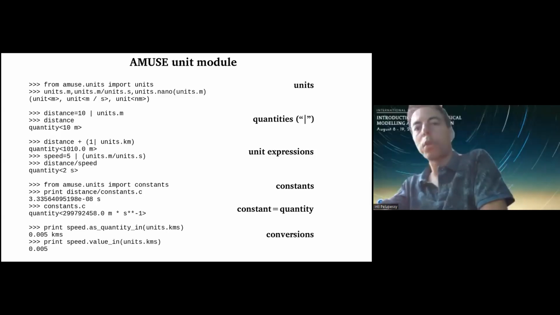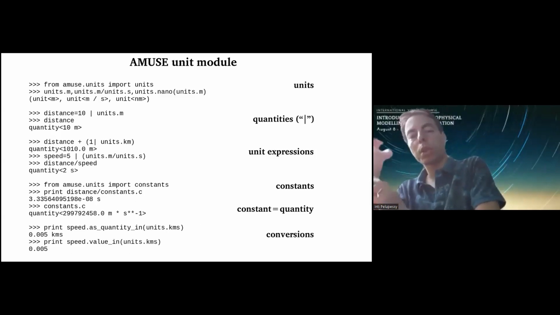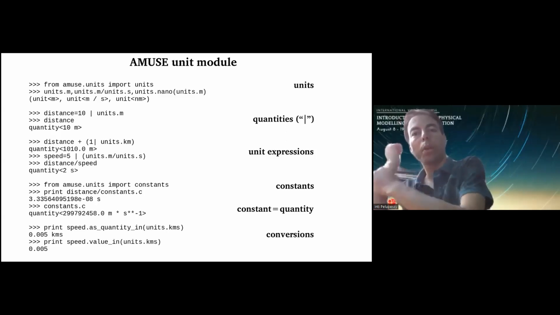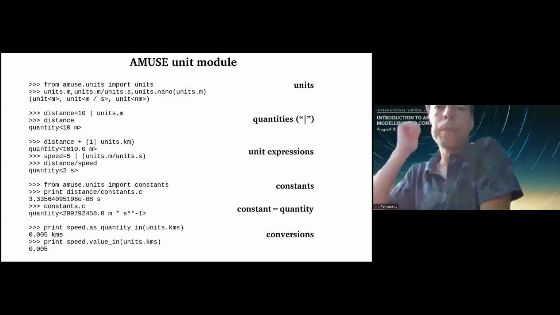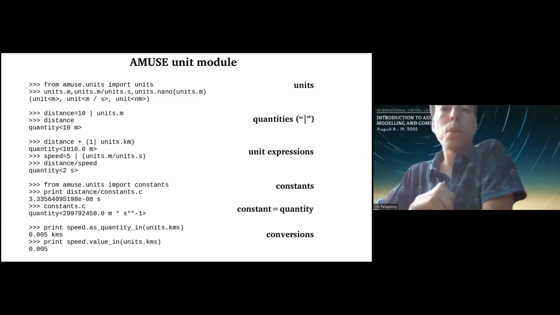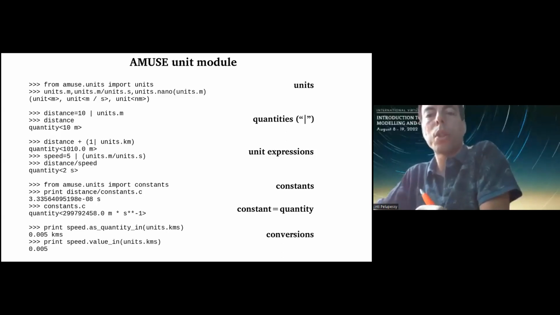And the unit conversion part is important because it seems like a very easy operation to convert units, but in our experience, if you work with different codes that use different units and have different unit conventions, a lot of errors stem simply from conversion errors.